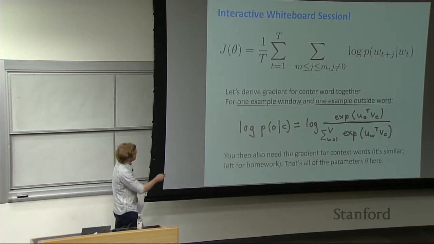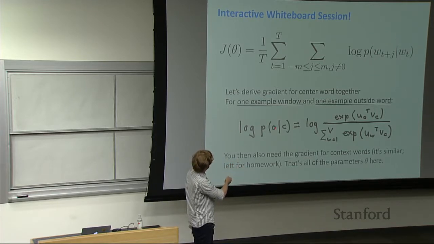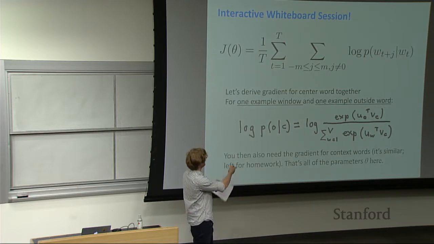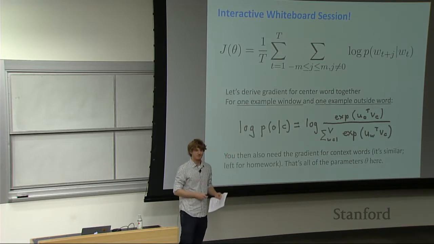We're basically going to simplify one instance of this log for one outside word conditioned on one context word. And again, now the center word will be represented with its v vector, and the outside word here will be represented with its u vector. And then you'll have to think through what that means when you actually sum all of these up, and then you sum across all the windows, and so on.